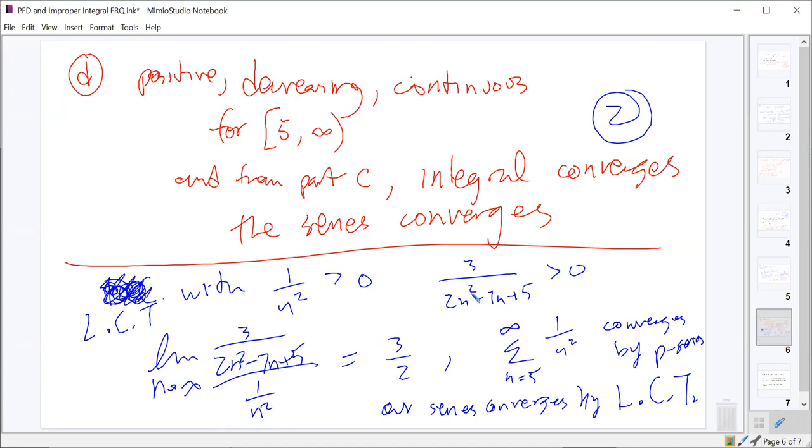If I put in a 6, that'd be 3 over 35. That wouldn't do it. If I put in a 7... I don't know. You'd have to find a pretty large number for that.